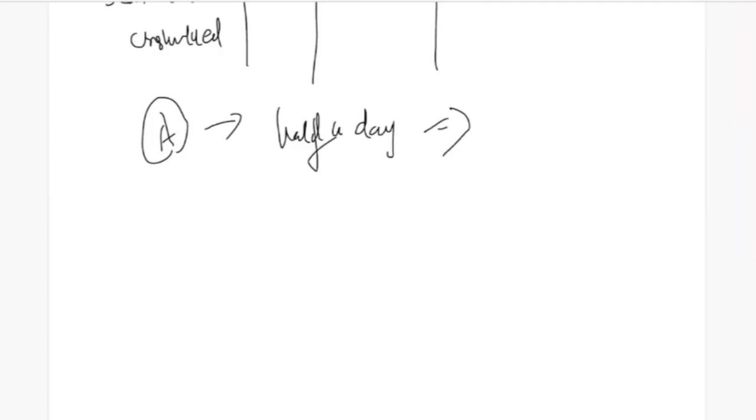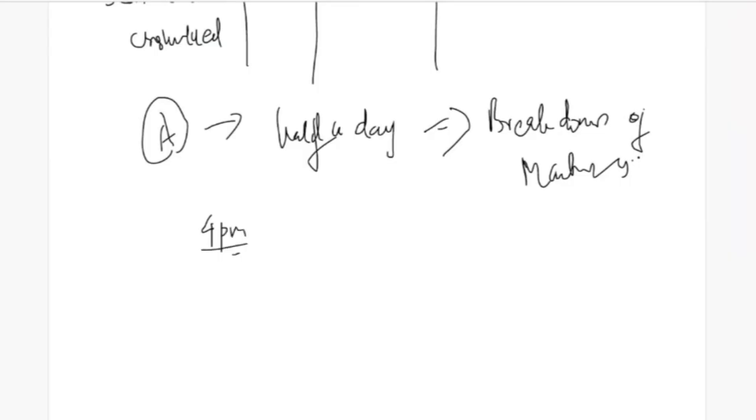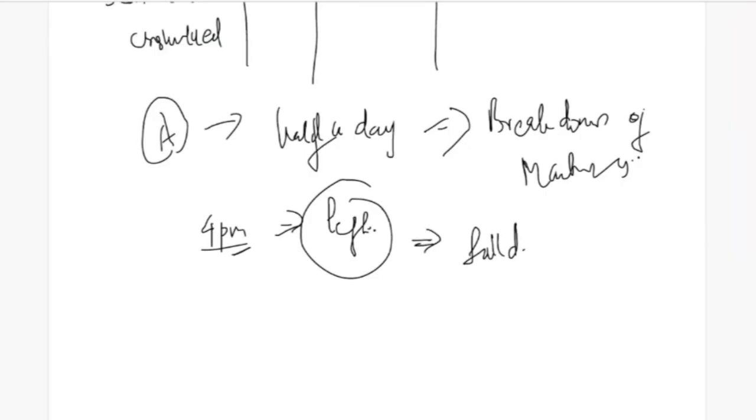After that, there was a breakdown of plant and machinery. So the second half he could not work. He stayed till 4 o'clock and then he left. Now, can he be paid a full day's wages, or will he be paid only half day's wages?